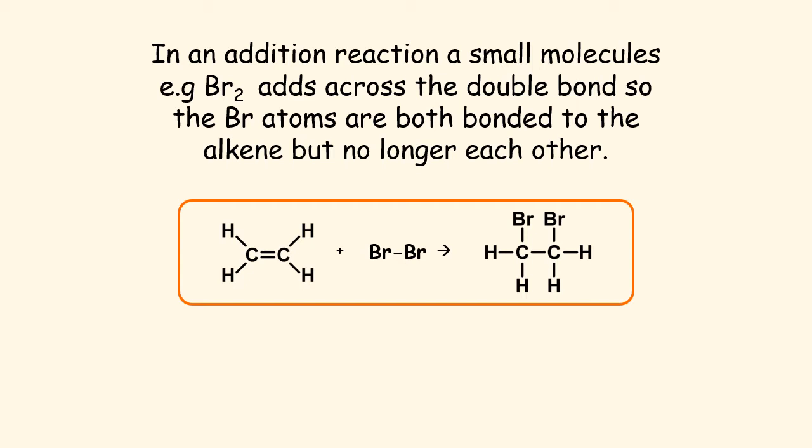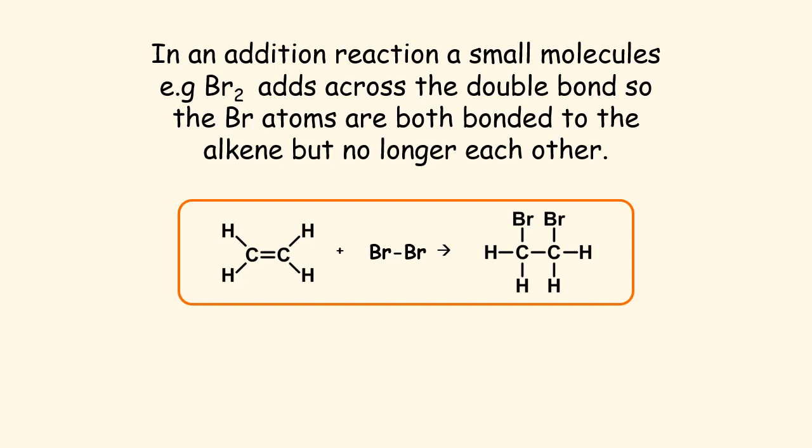So we've got an alkene, it's got 2 carbons, so that would mean it's called ethene. We add bromine to it, and what happens is that in the alkene, the double bond breaks, and in bromine, the bromine to bromine bond breaks, and what happens instead is each bromine atom now bonds to 1 carbon atom each.